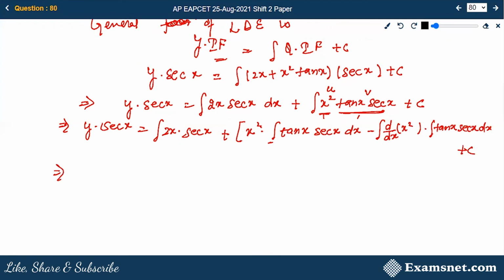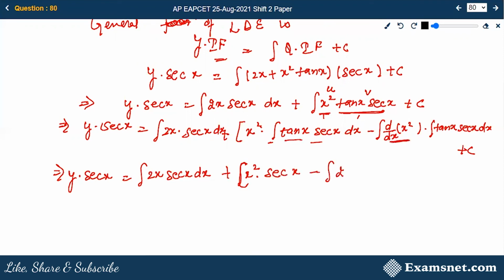So this will become y into secant x is equal to integral of 2x secant x dx plus x square into, what is the integral of secant x tan x? It is secant x only. So x square secant x minus derivative of x square, which is 2x, into secant x.